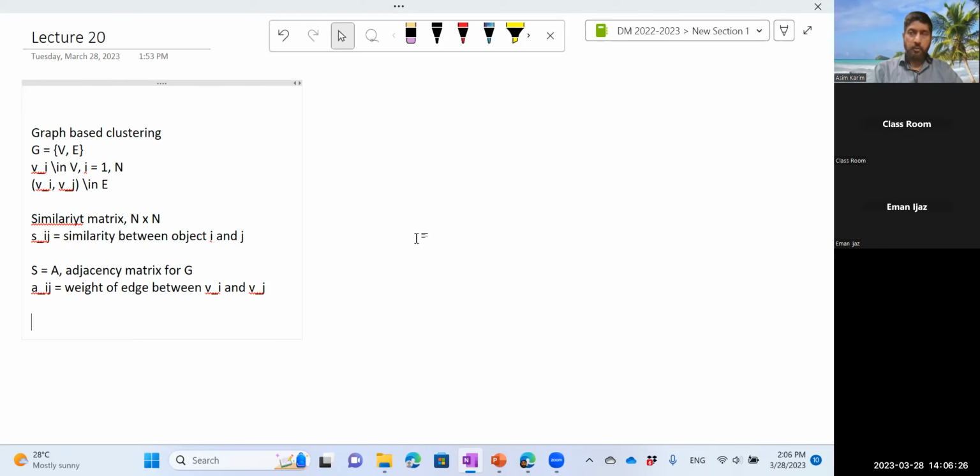So we then talked briefly about graph theoretic approaches or graph algorithms for graph partitioning, and we talked about the idea of min cut. So what is a min cut algorithm?